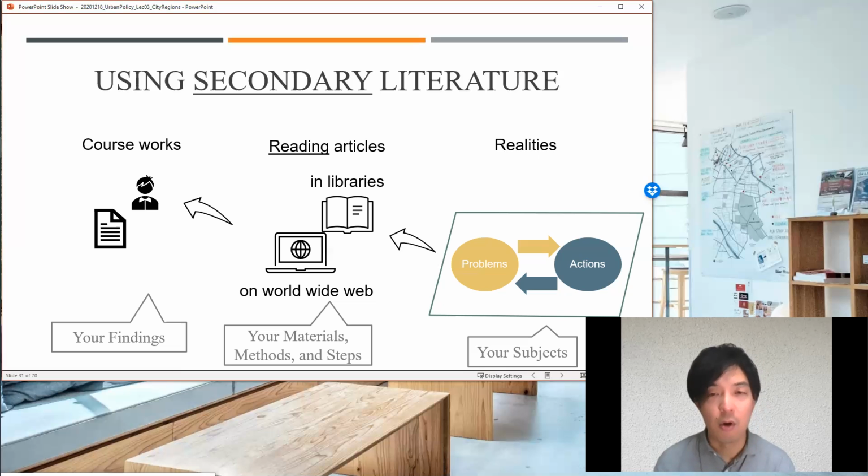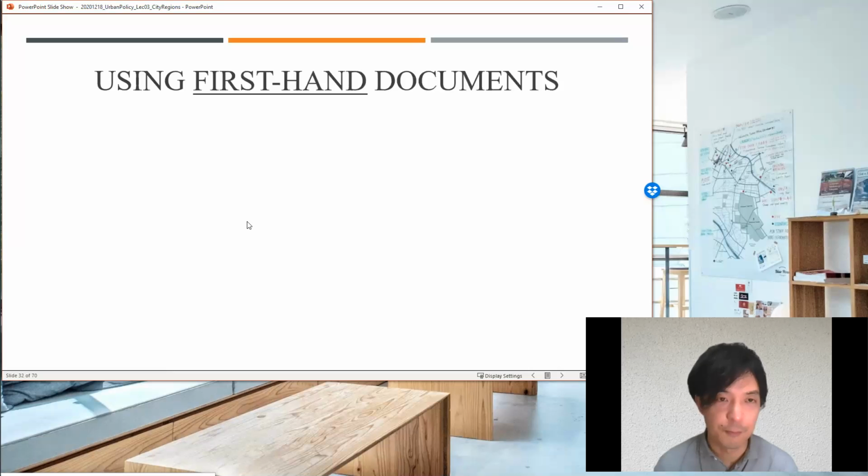Okay, so there are three important phases. You have your subjects, you have your scope, and you have your findings. Okay, then look at the next slide.